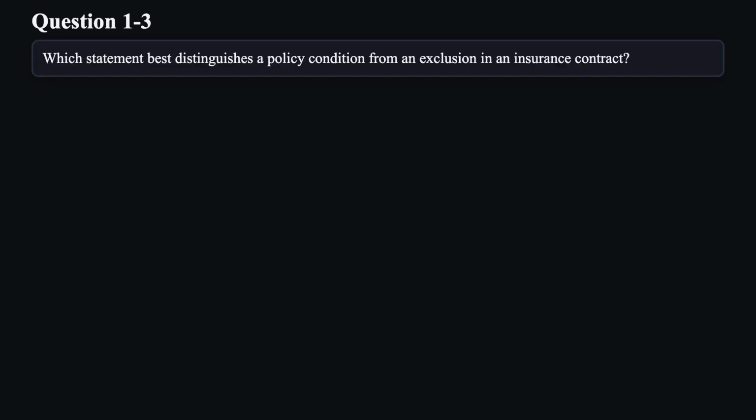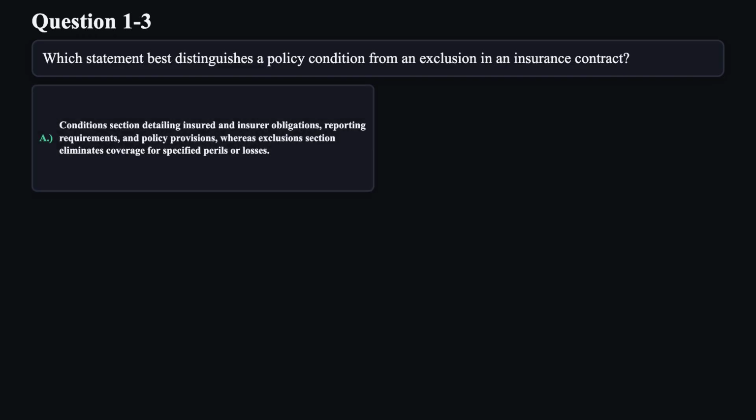Question 3. Which statement best distinguishes a policy condition from an exclusion in an insurance contract? A. Conditions section detailing insured and insurer obligations, reporting requirements, and policy provisions, whereas exclusion section eliminates coverage for specified perils or losses.